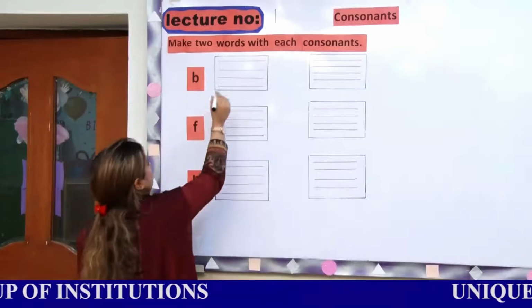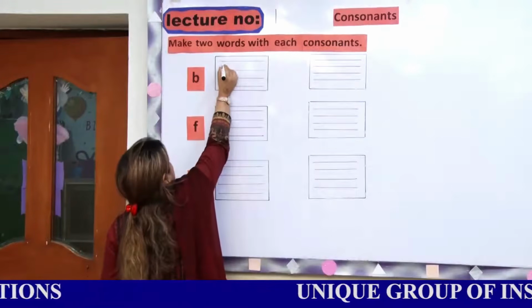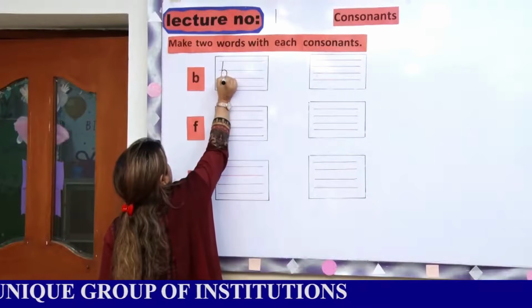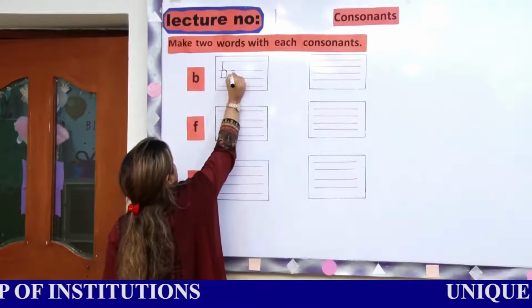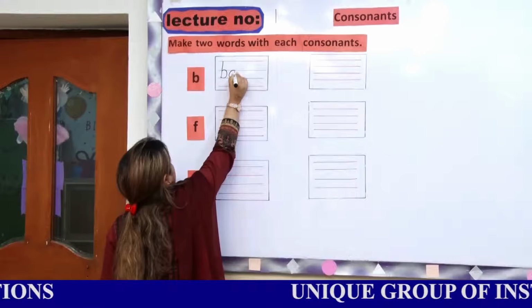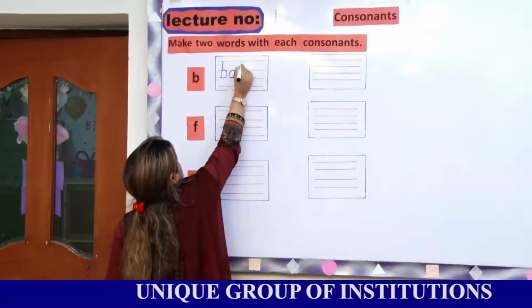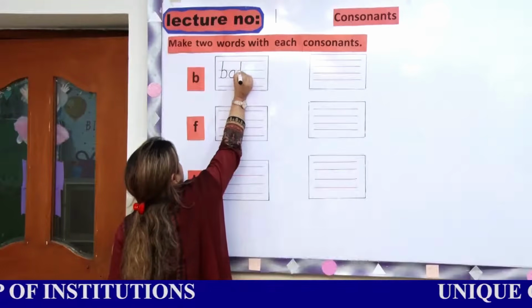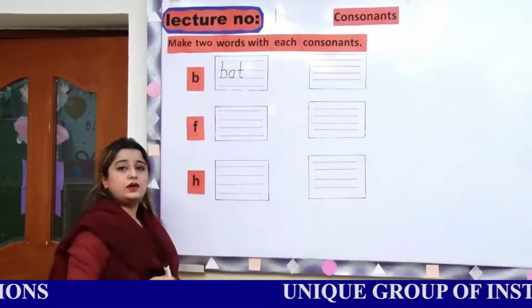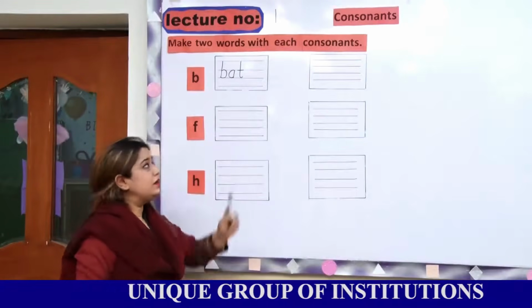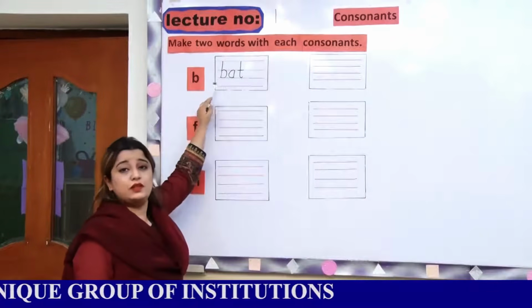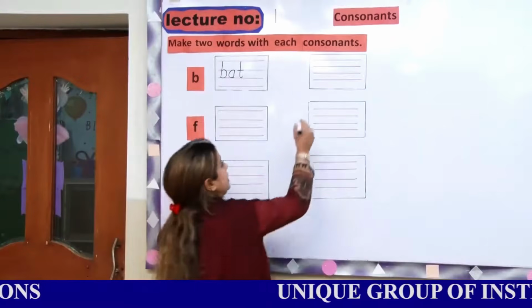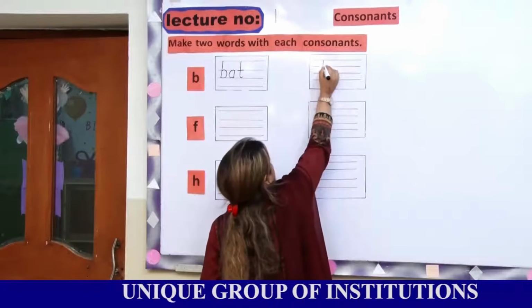So what are the spellings of bat? B will come in the first three lines. B, A, T, bat. We have made the first word with letter B, bat, and the next word is bag.